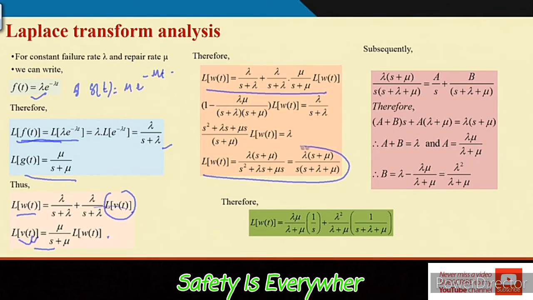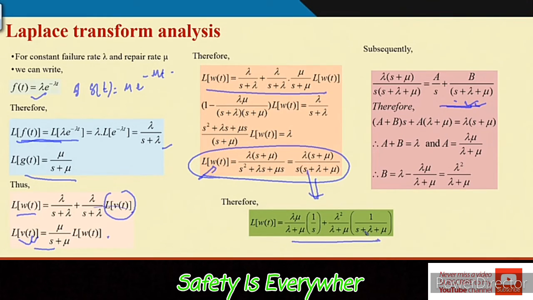Finally, L{W(t)} is of this form, but now in order to get W(t) we want the Laplace inverse transformation of these. So, to make it compatible with our original Laplace equation, you are doing algebraic manipulation like this, and then this equation is becoming this.